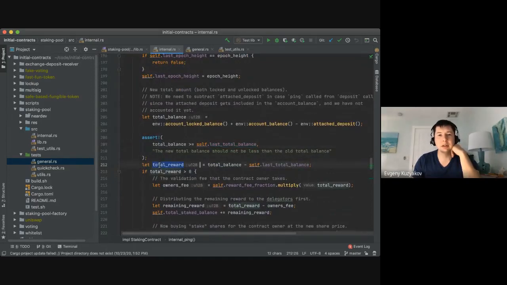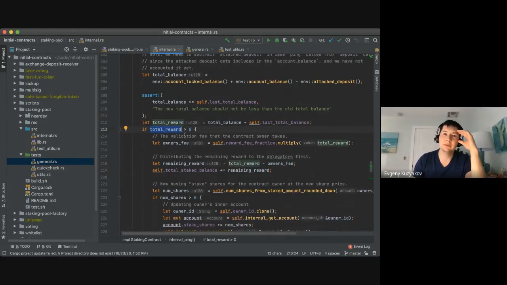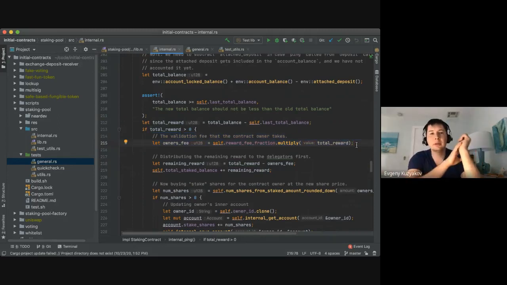Finally, we calculate the amount of rewards that the staking pool received. This is total balance minus the previous known total balance, so the balance from the previous epoch. And if the rewards are positive, we distribute them. The first thing we do, we calculate the reward that the owner takes for themselves as a commission.